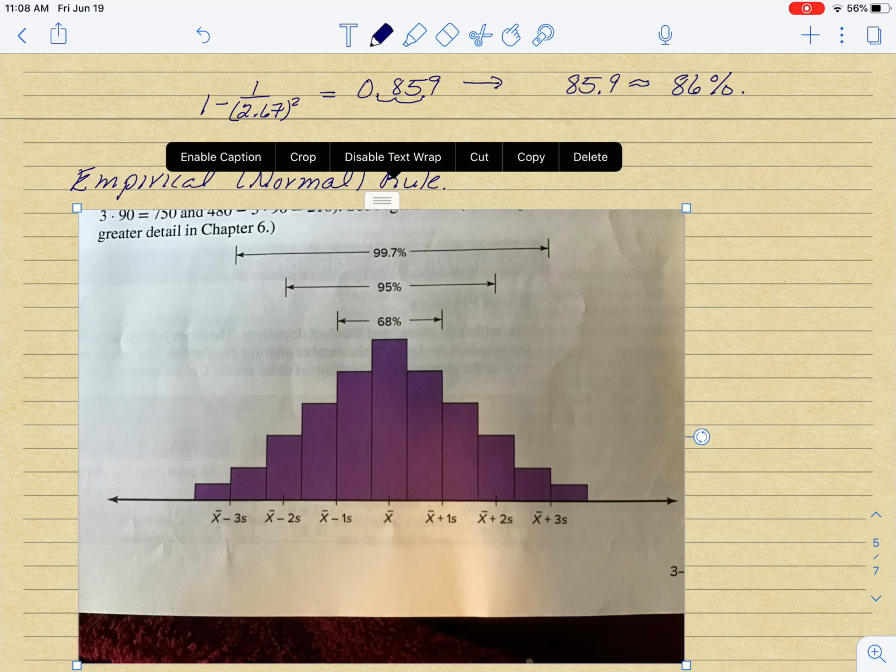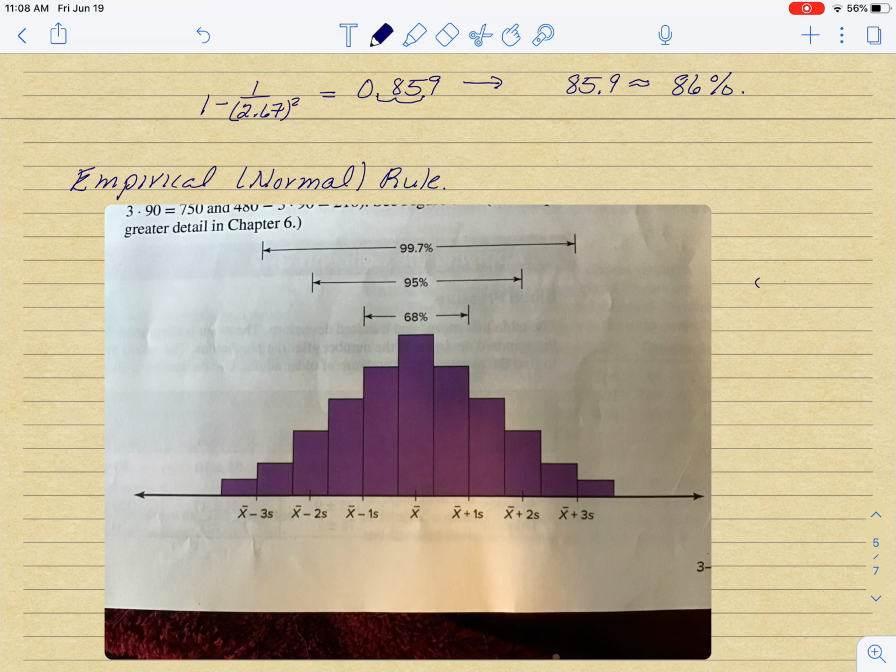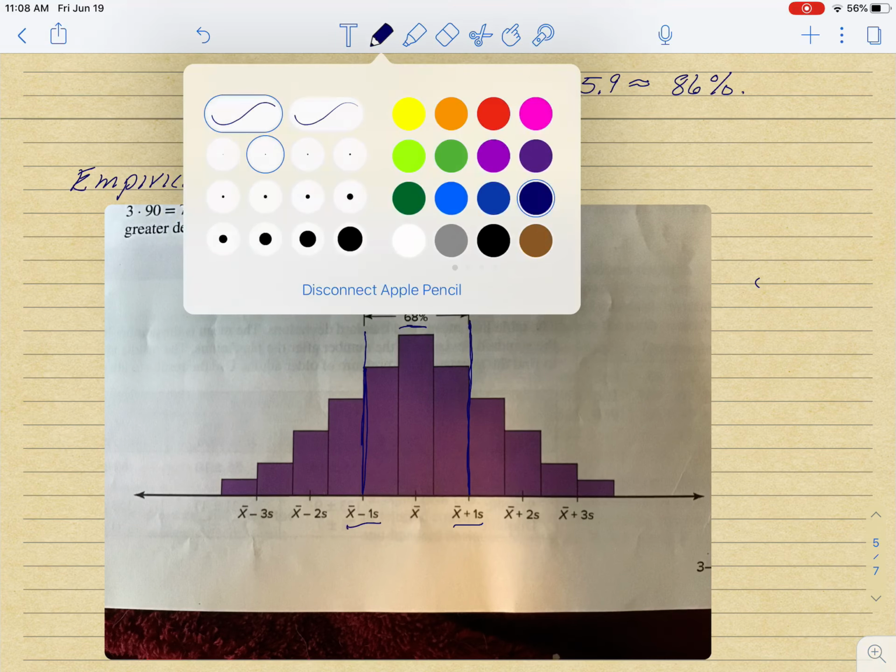Okay. Then if we go one standard deviation away from the mean, that's this portion right here, then one standard deviation from the mean will pick up 68% of your data.